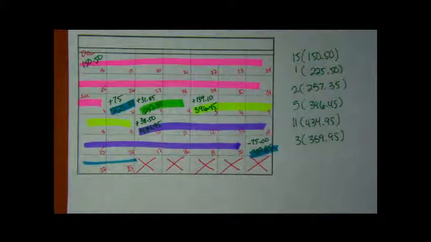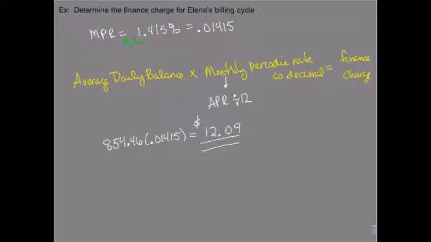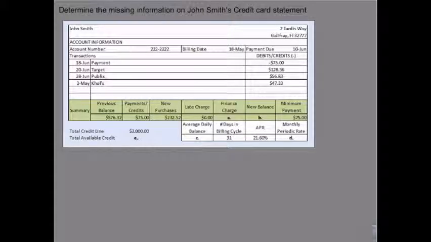So we're going to go now back to the notes. Where we've got this guy, John Smith, his credit card statement, and we're missing a bunch of information.